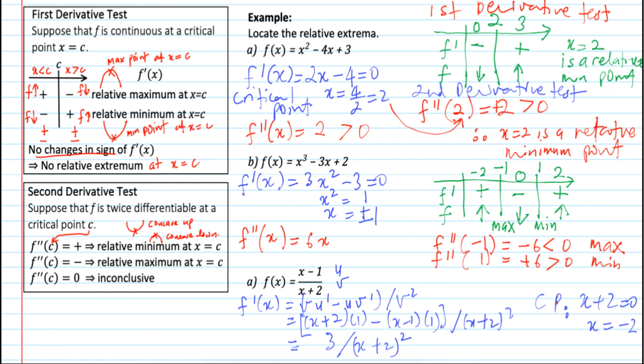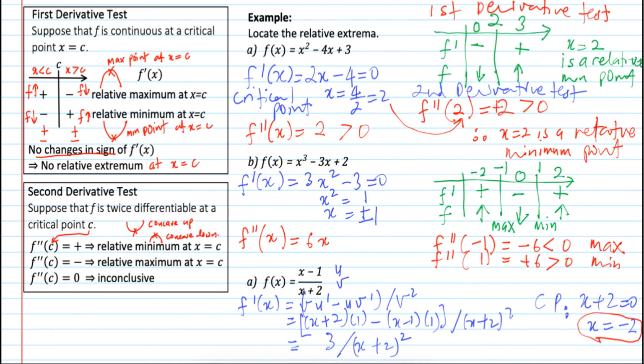Now we want to use the first derivative test to check for maximum or minimum. We read again the first derivative test. Suppose that f is continuous at a critical point x equal to c. Our critical point is x equal to minus 2.